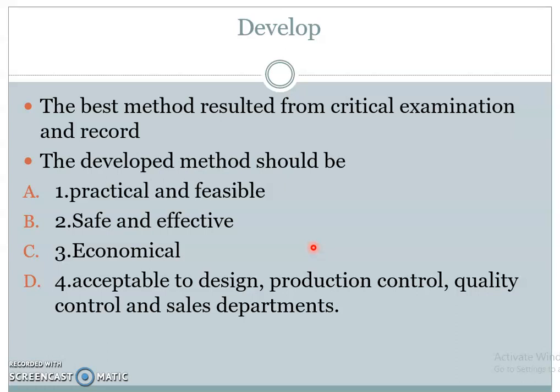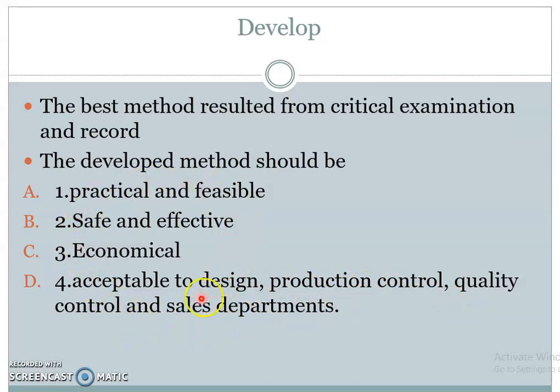The next step is develop. We have to develop here the best method which will result from the critical examination and the record of that method. The method to be developed should be practical and feasible. It should be safe, effective and economical, and also acceptable to design, production control, quality control and sales departments.